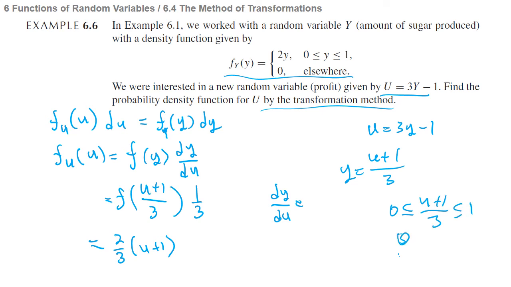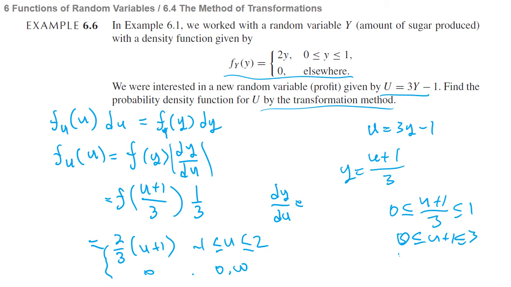And this is 0 to 3, u is minus 1 to 2, 0 otherwise.